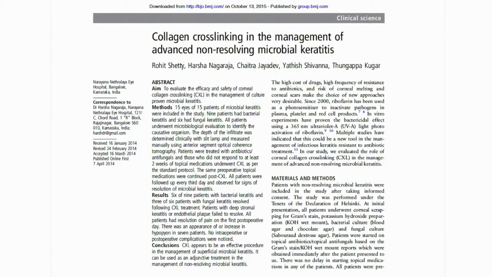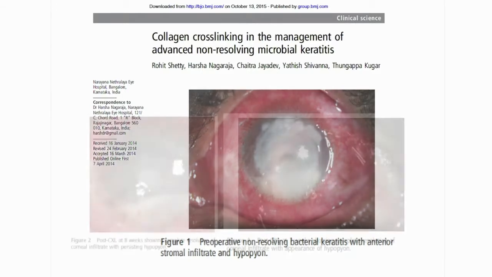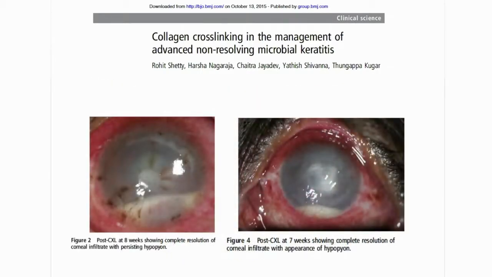In terms of case series, there are some coming from India and other parts of the world in which collagen cross-linking can resolve, or help to resolve, some cases that are resistant to topical medication. Sometimes it is used in combination, and some studies show that even cross-linking alone can be efficacious.